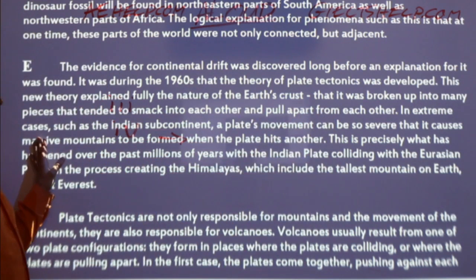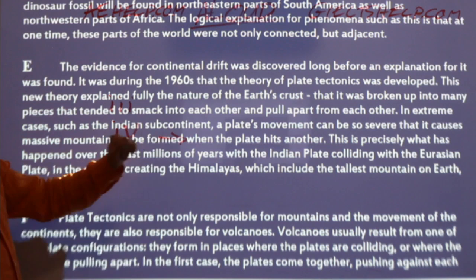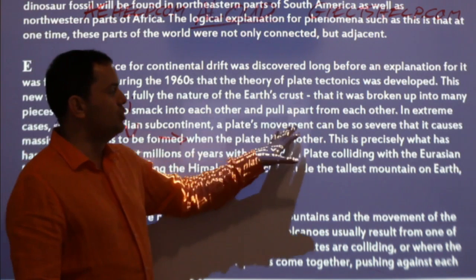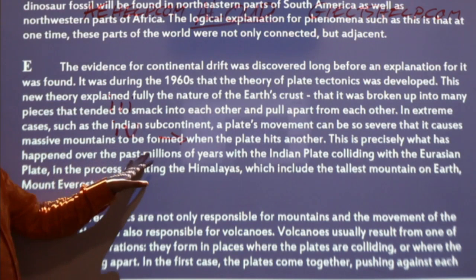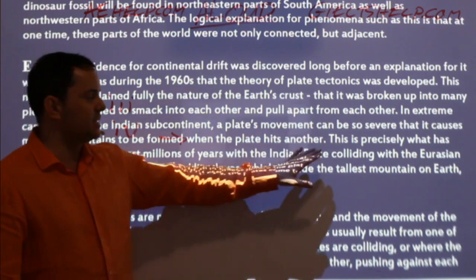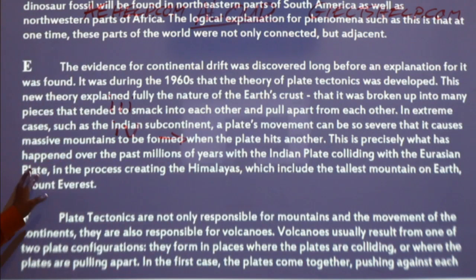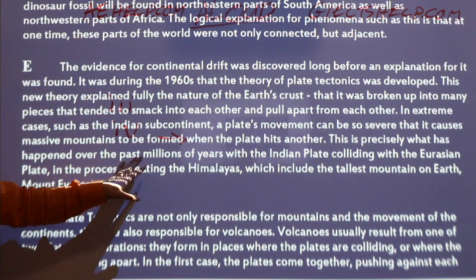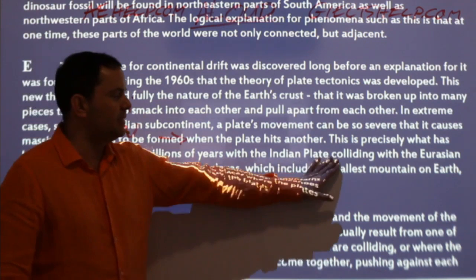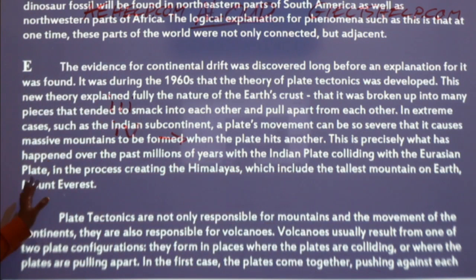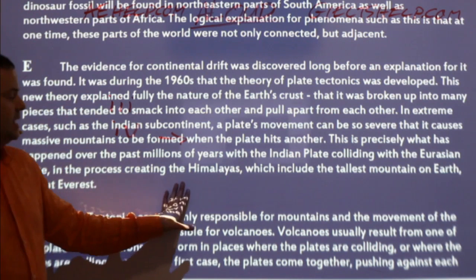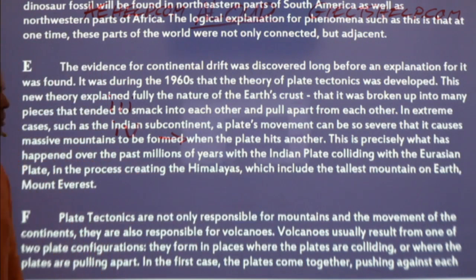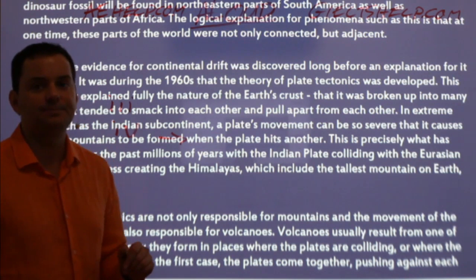In extreme cases, such as the Indian subcontinent, a plate's movement can be so severe that it causes massive mountains to be formed when the plate hits another. This is precisely what has happened over the past millions of years with the Indian plate colliding with the Eurasian plate. In the process, creating the Himalayas, which include the tallest mountain on Earth, Mount Everest.